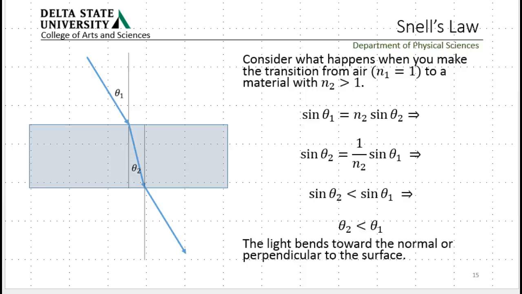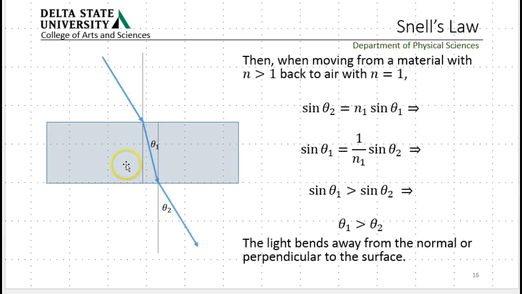A final bit about Snell's law. If we consider going from air into a medium where n is greater than 1, then we work through the math, and it turns out that theta 2 has to be less than theta 1. Then, as it emerges into a medium where n is lower, as you go from a higher n to a lower n, the angle with respect to the normal has to increase.